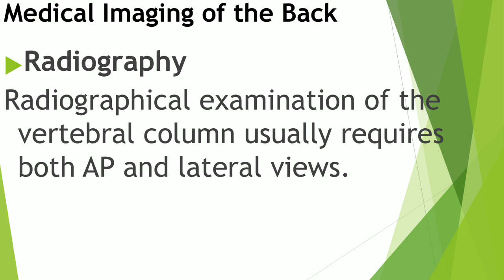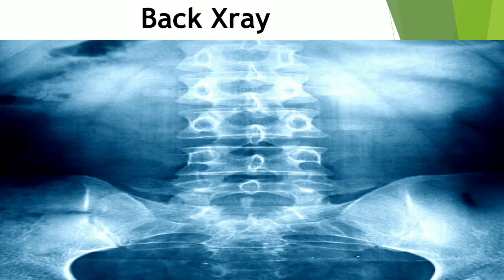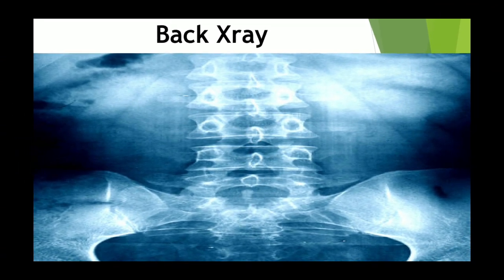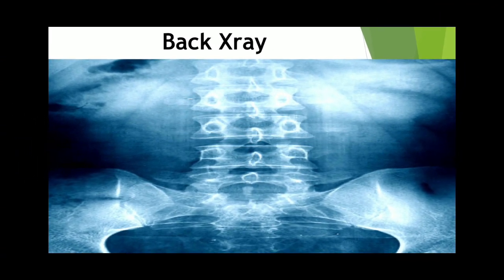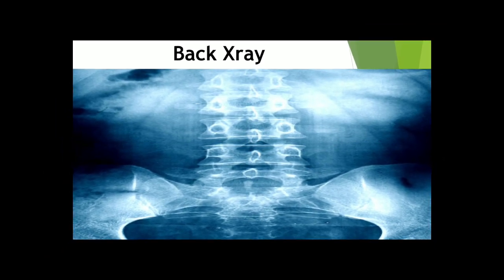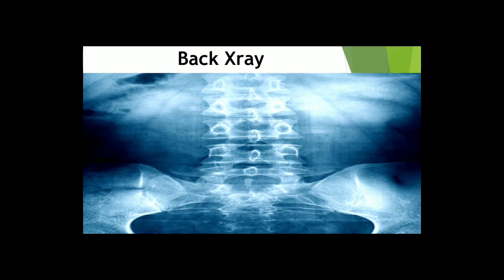So both anterior-posterior views of the X-ray of the back as well as the lateral views are necessary. Right here you have a back X-ray. This is an anterior-posterior view. With radiography, you can appreciate if a patient has a fracture. If it's a dislocation, you can also tell. If it's a combination of fracture and dislocation, you can see that on the radiograph.